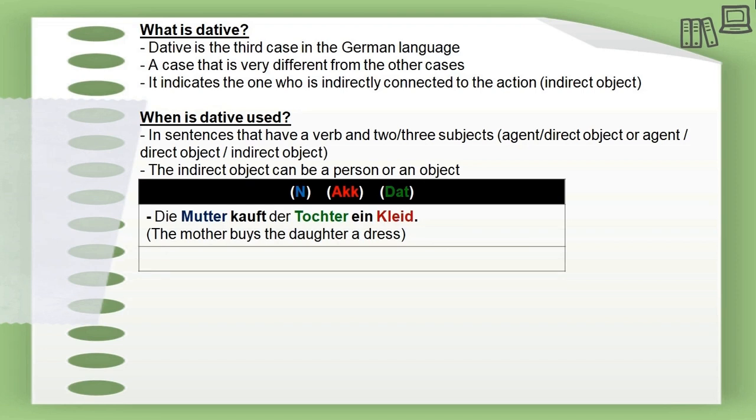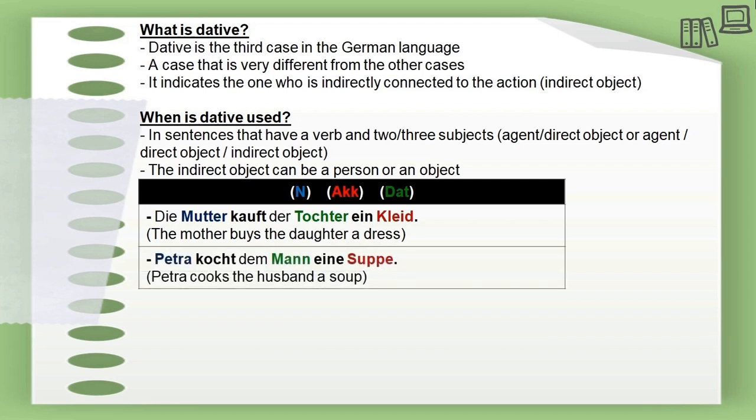The mother buys the daughter a dress. In the sentence, the mother is nominative, the dress accusative, and the daughter dative. And a second example, Petra kocht dem Mann eine Suppe. Petra cooks the husband a soup.